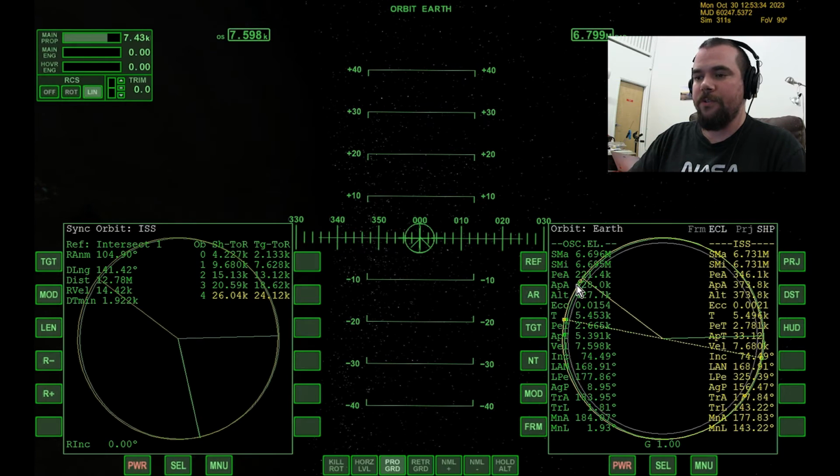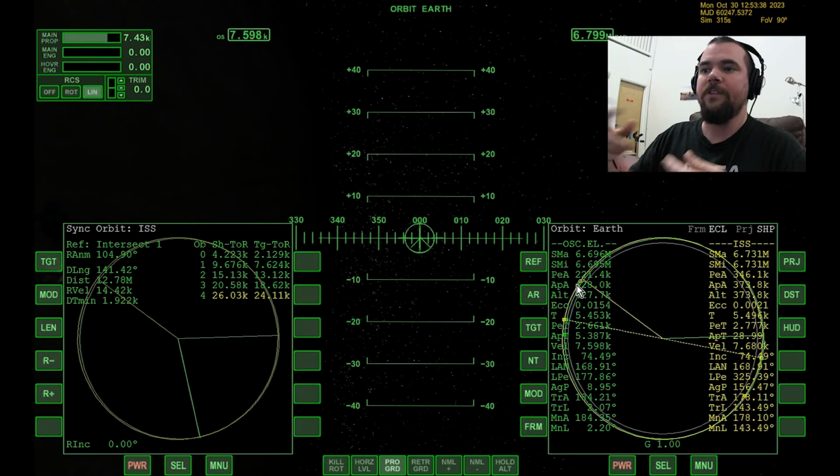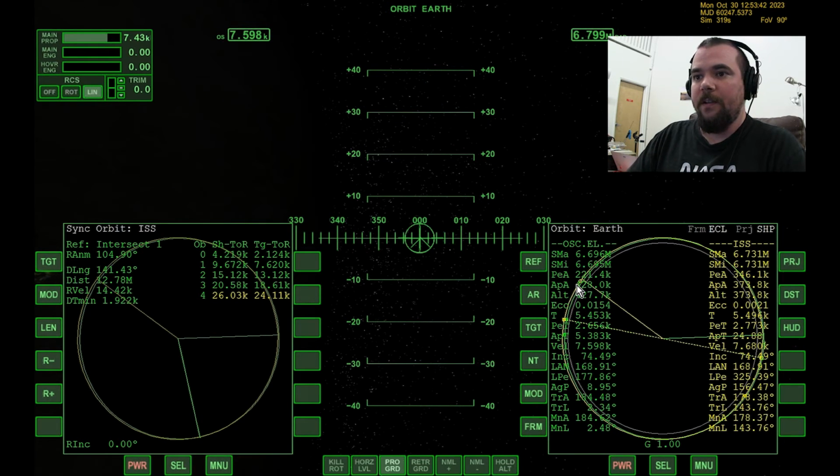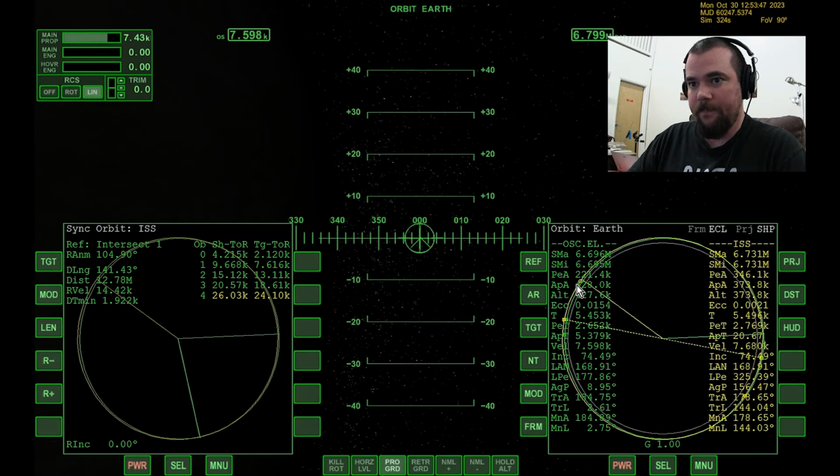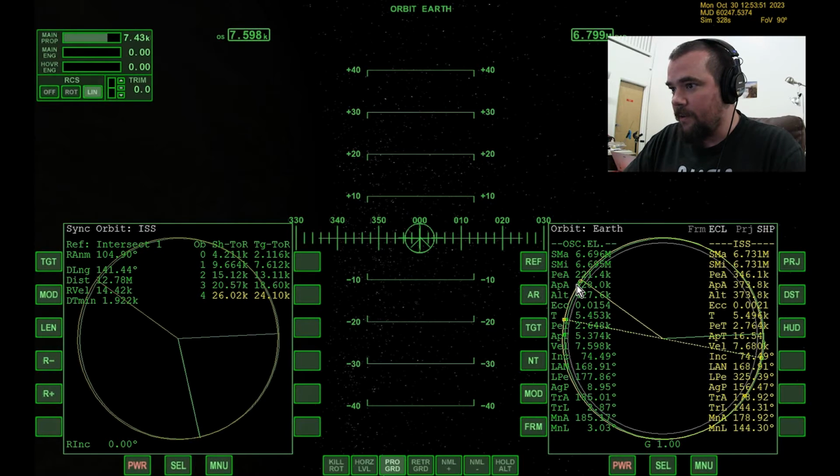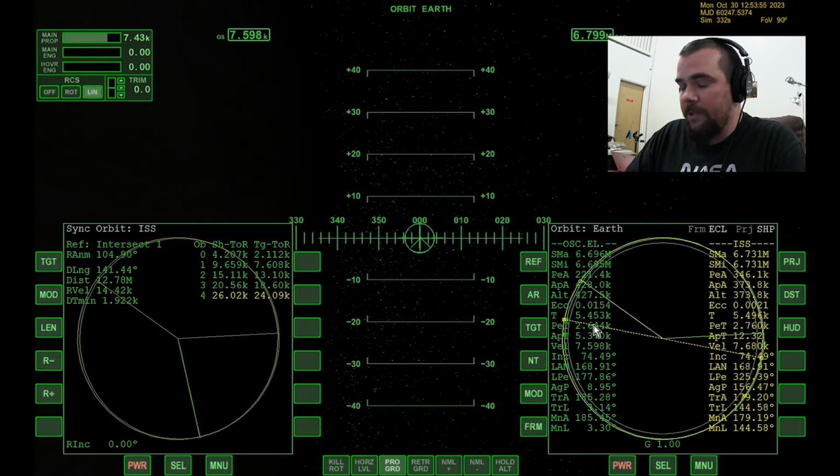Another way you can do it is to take a large orbit and circularize it, wait until it looks like the space station is catching up, and then change to an orbit that's elliptical. But let's see if we can do it in one shot. So I want to go to my periapsis point in my orbit, which is 3,000 seconds from now.